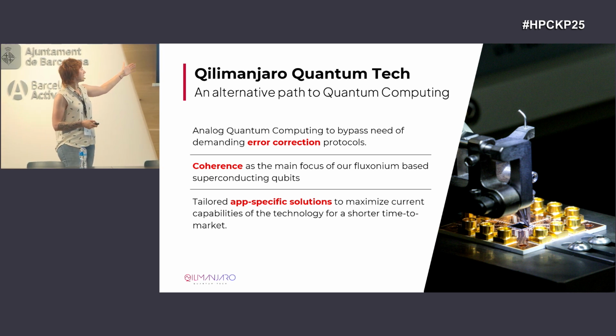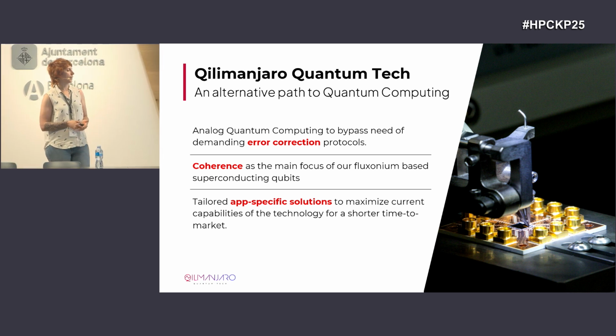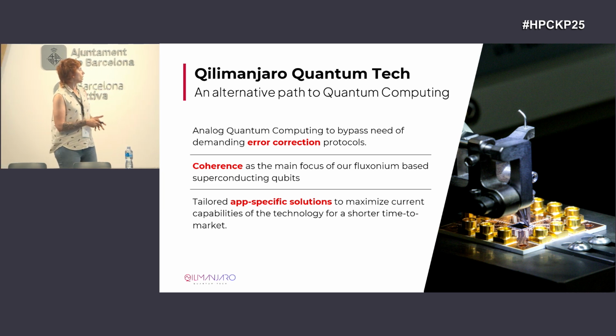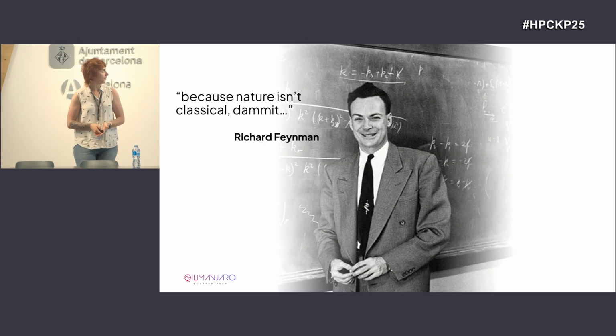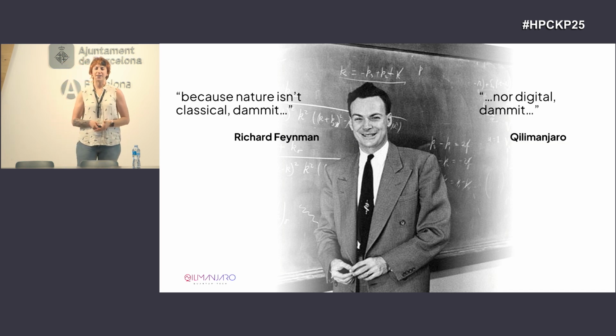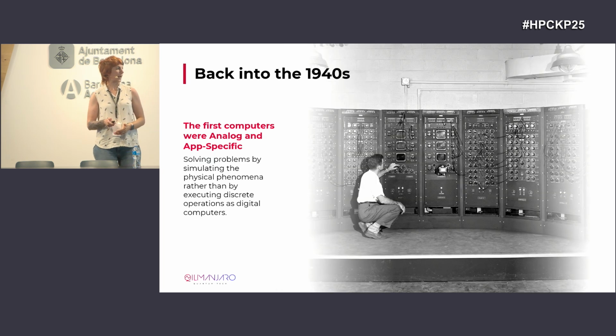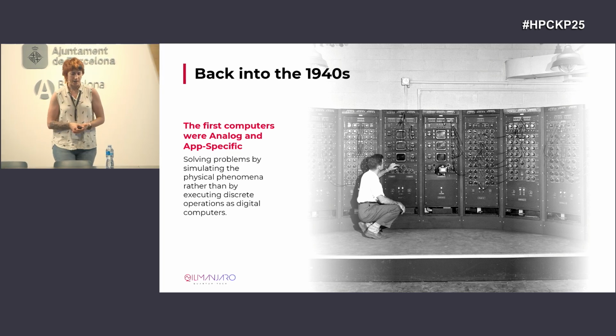And what kind of solutions are we solving with that? We focus on the quantum description of nature, because as Richard Feynman said, nature isn't classical. And if we add here, it's not digital. So this is the approach that we follow. And this is not something where we say, okay, we have a few numbers to say we can do that.